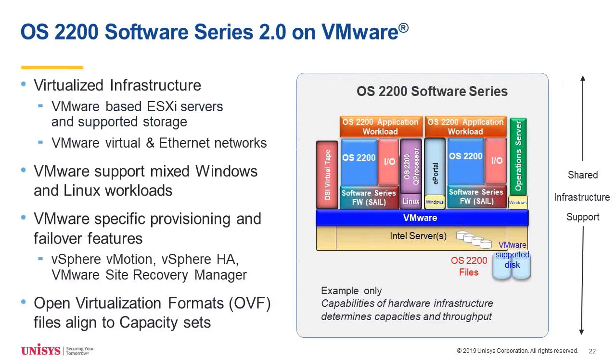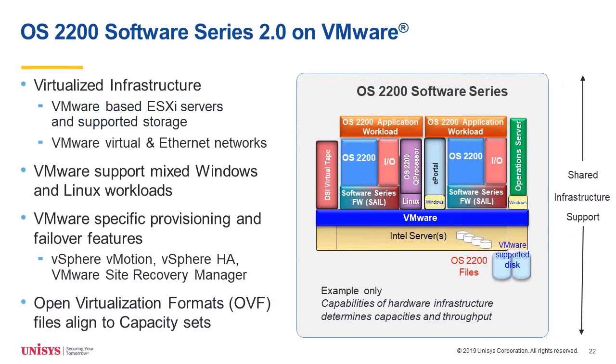You can use a virtualized Ethernet connection to connect between the instances and other workloads running within your VMware infrastructure. And it's nice also in that in this environment, it's a common structure for both the OS 2200 software series as well as the operations server, because VMware can handle the mix of Linux and Windows.